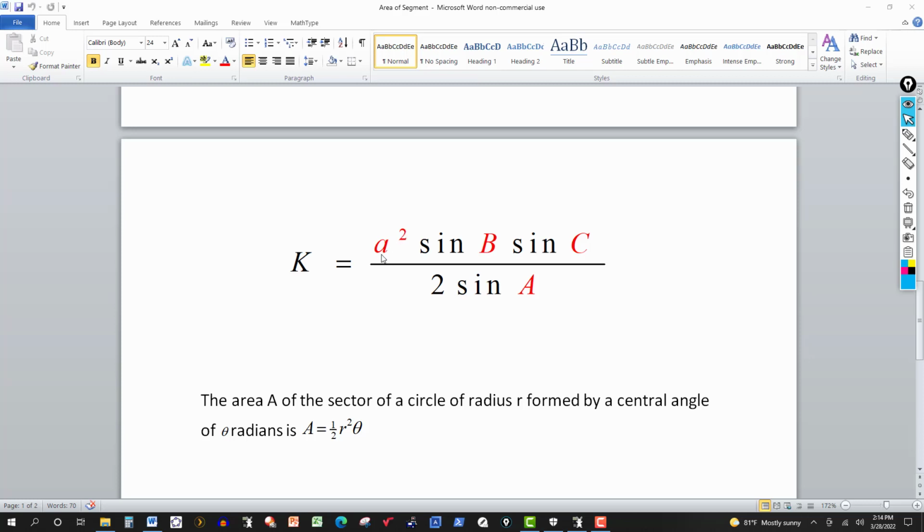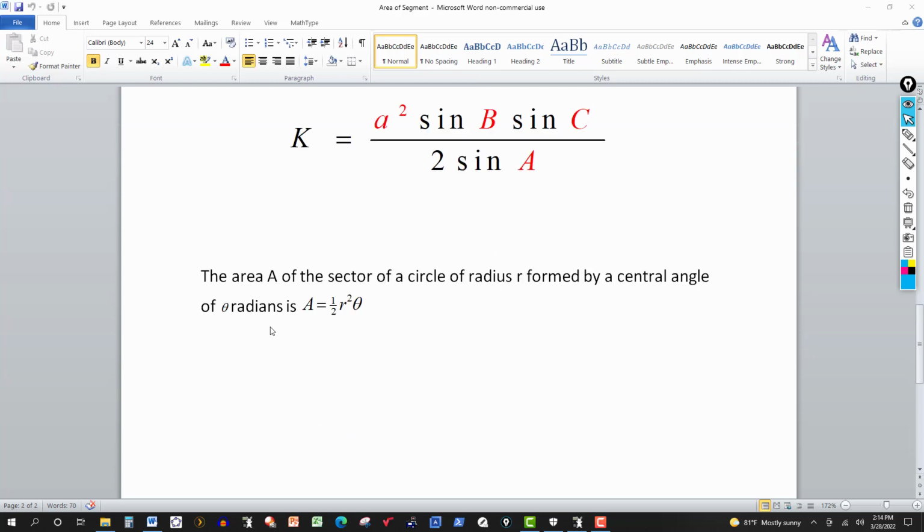The formula says the area is the square of the given side over twice the sine of the angle opposite whatever side is given, side a, opposite angle A, and then on top you have the product of the sine of the other two angles, sine of B, sine of C. And of course the other formula we use is the area of the sector of a circle of radius r formed by a central angle of theta radians. Again, for this formula, theta has to be in radians.